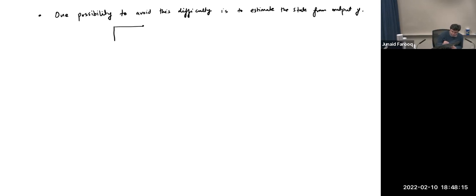Again, we have the same system, which is a black box, but we have the output Y, and we can feed the input to the system. What we do is, from the output, we use an observer.